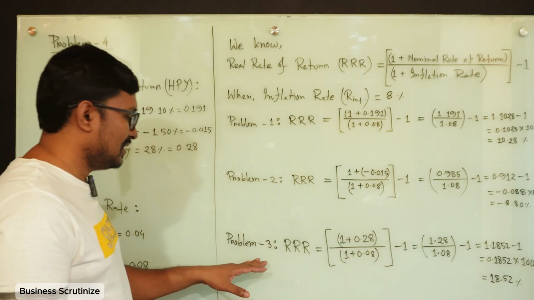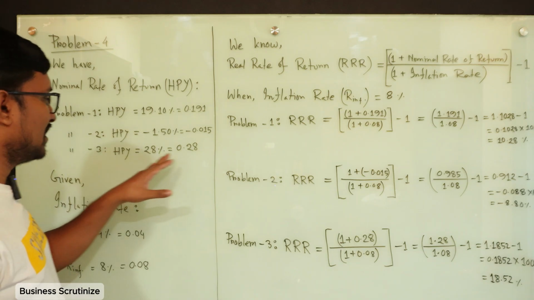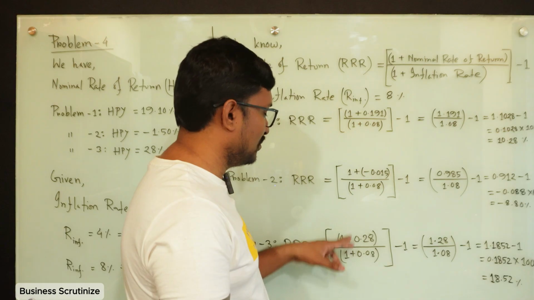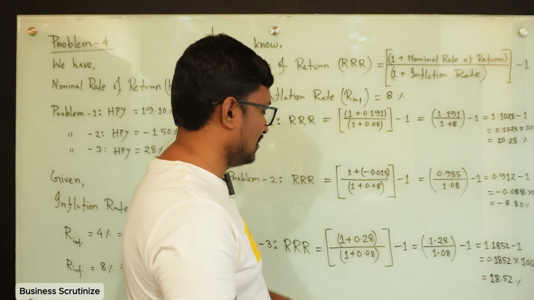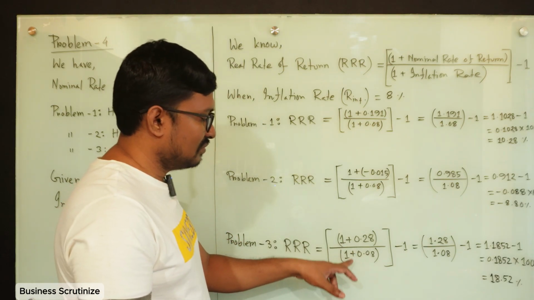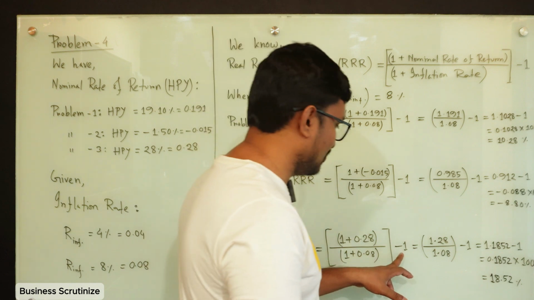And finally, in problem number 3, when the nominal rate of return for SPY is 28%, we just input into the equation 1 plus 0.28 in the numerator. In the denominator we input 1 plus the inflation rate, which is 0.08, minus 1.